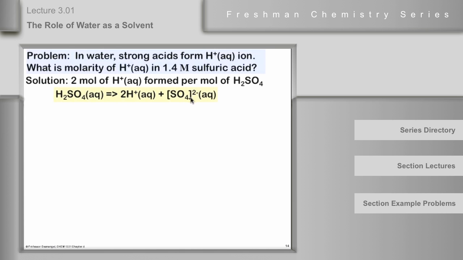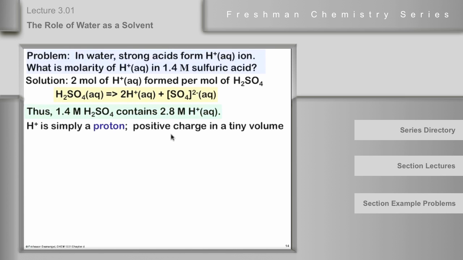So you get 2 hydrogen ions per formula of sulfuric acid, or 2 moles of hydrogen ion per 1 mole of sulfuric acid. So 1.4 molar sulfuric acid contains 2 times 1.4, or 2.8 molar H+.